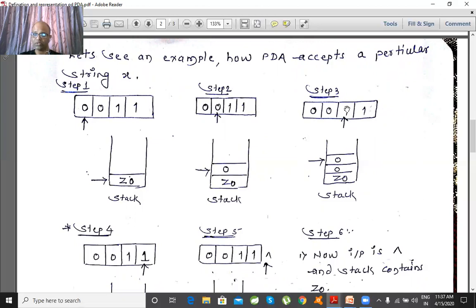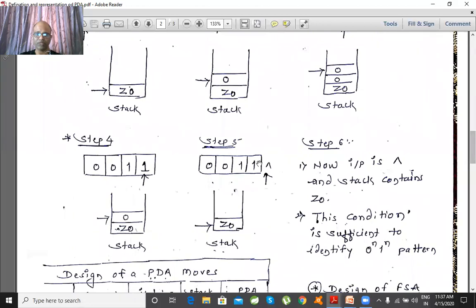So based on this input element 1 on the input tape, and 0 on top of stack, this 0 can be popped out of the stack. This is exactly what has been done in step number 4. After reading this one and popping the top symbol 0, a single 0 is left, the next element will be the top of stack, and the pointer is pointing to the next element 1.